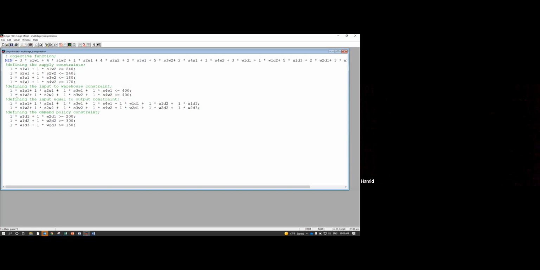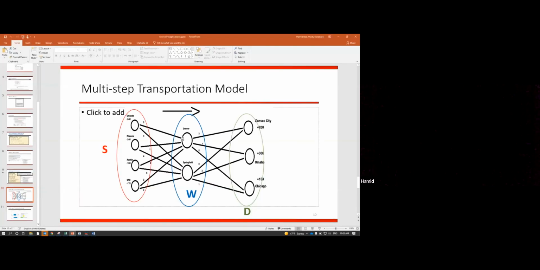Similarly, for the second warehouse, your products come from the first supply, second supply, third and fourth, and shouldn't be more than 400.